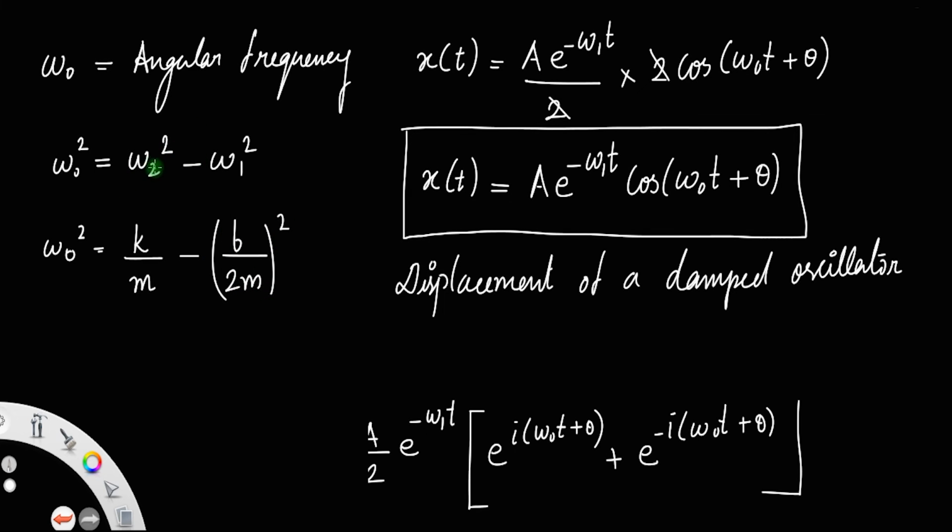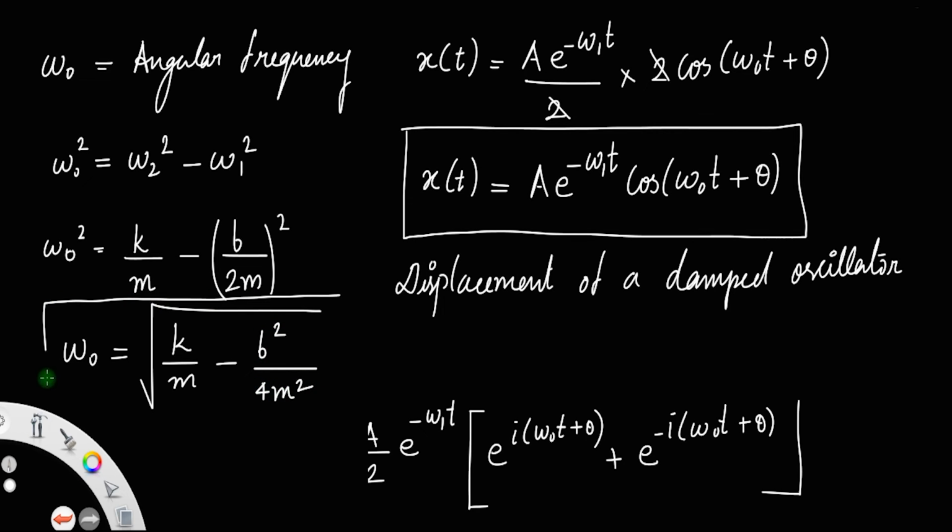We already took the values of omega 2 and omega 1 at the start of the derivation, so I just substitute those values here. So omega 0 will be the root of k by m minus b squared divided by 4m squared. So this is the angular frequency omega 0.